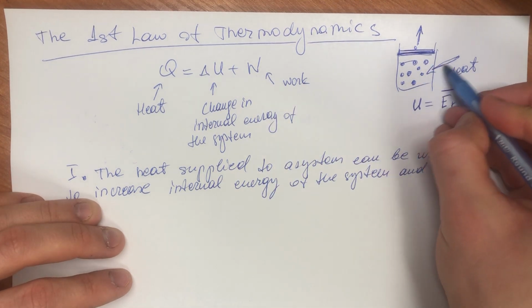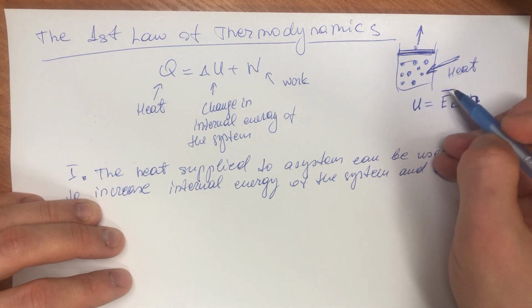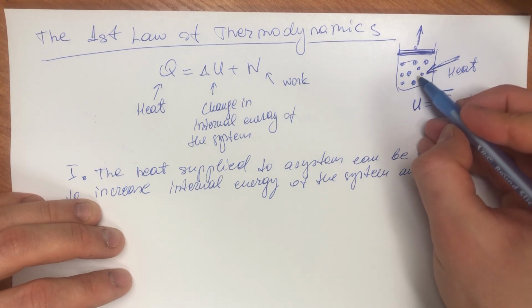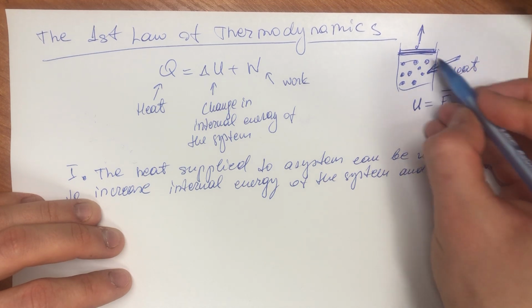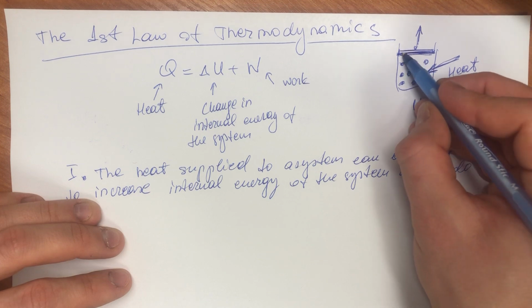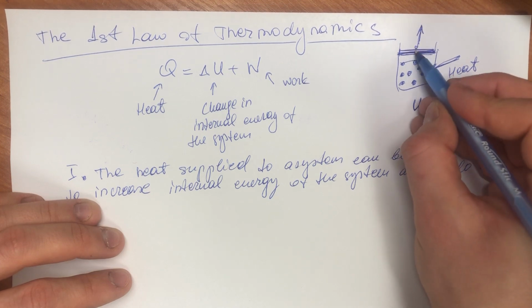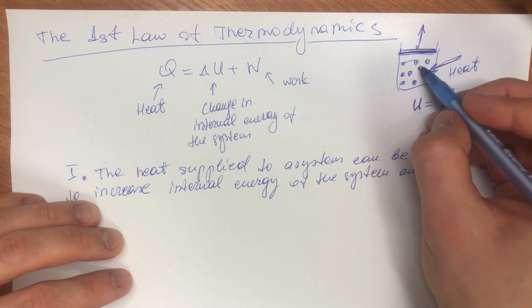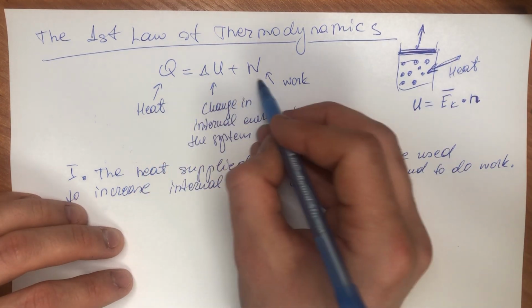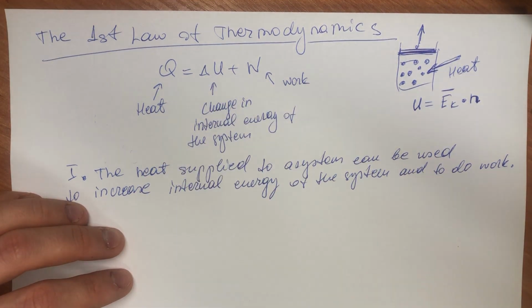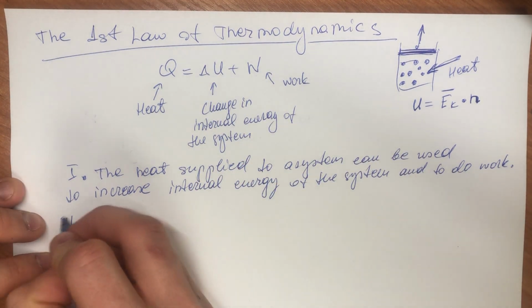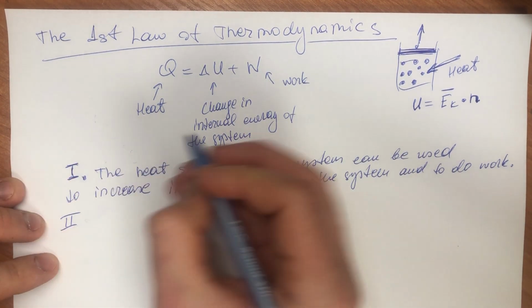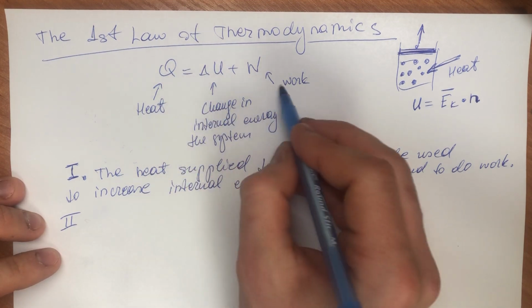So if you provide heat, you increase the kinetic energy of these molecules, so you increase internal energy, and also some part of this heat and kinetic energy is used for pushing the piston, and that's how these molecules produce work. So heat is turned into change in internal energy and work, and none of this heat is lost somewhere.